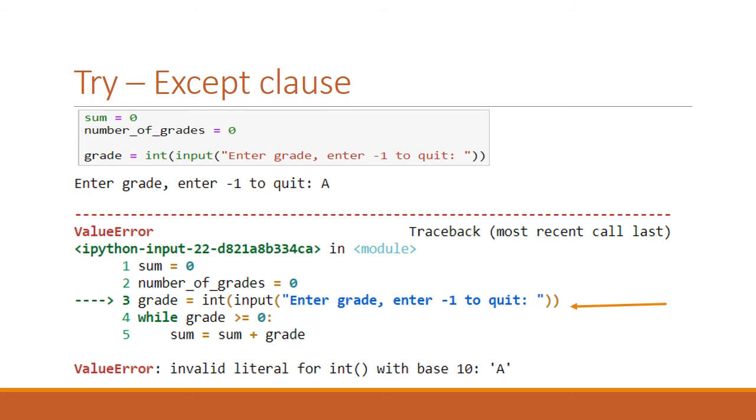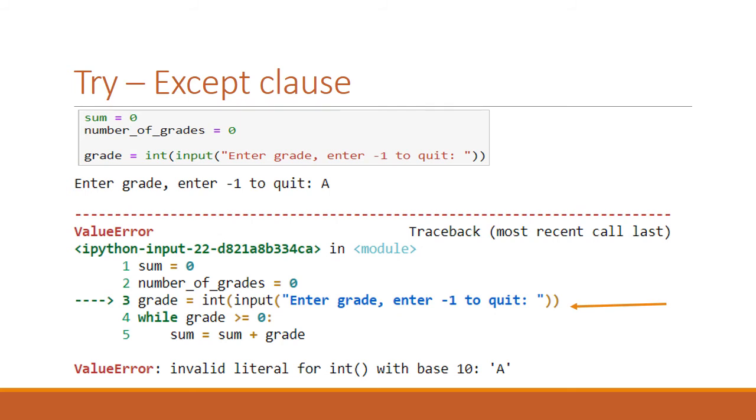So the specific statement is grade is assigned int, parentheses, input, parentheses, and then the prompt, enter grade, enter -1 to quit. So the way the interpreter executes this line of code, the first thing that happens is enter grade, enter -1 to quit is displayed on the screen. Then execution of the program pauses until the user types in something at the keyboard. In our example, the user types in an uppercase A. The interpreter accepts this A as input, and it becomes a parameter into the int function.